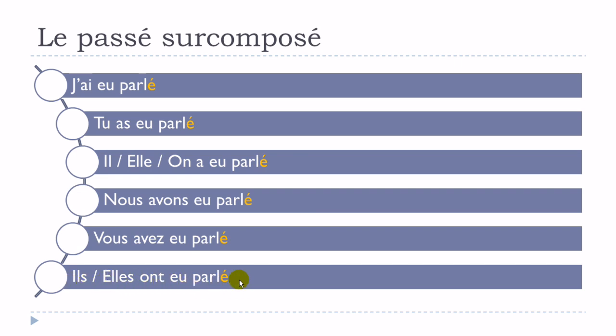Okay? And you can see that as we are constructing this passé surcomposé form with avoir, in all the cases, we will keep this accent aigu here, so we don't put any mark for the feminine or for the plural here. It will be all the time é here.